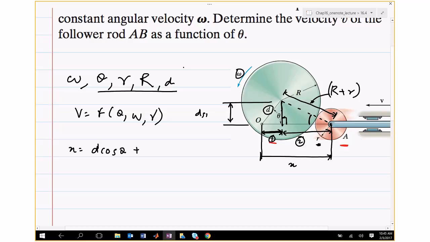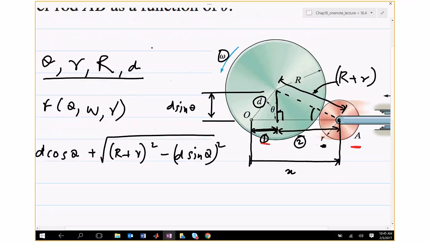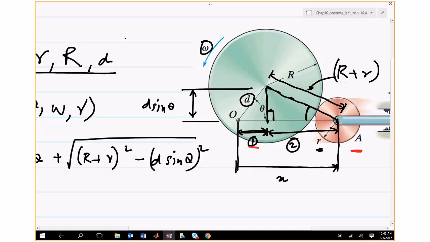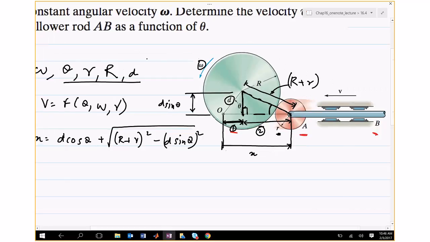You agree? Everybody else agrees that's d sine theta? So then what is 2? It's going to be this square minus this square. So she says that it is the square root of (R plus r) the whole square minus (d sine theta) square. So what she did was she saw that this thing is R plus r, this height here is d sine theta, so this thing can be found by the Pythagoras theorem, right? So that is x.